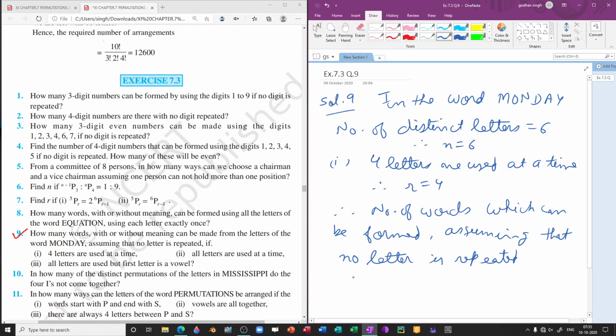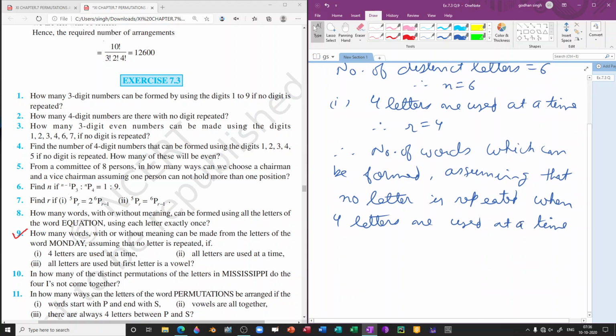and what is the case? 4 letters are used at a time, and that is nothing but out of 6 we have to use 4 letters, so that will be 6p4.